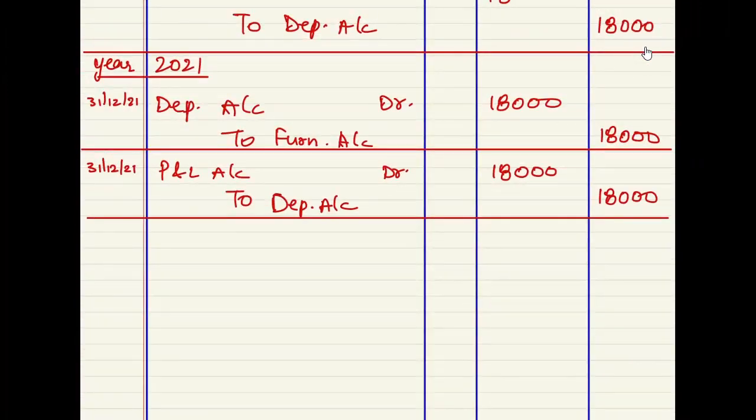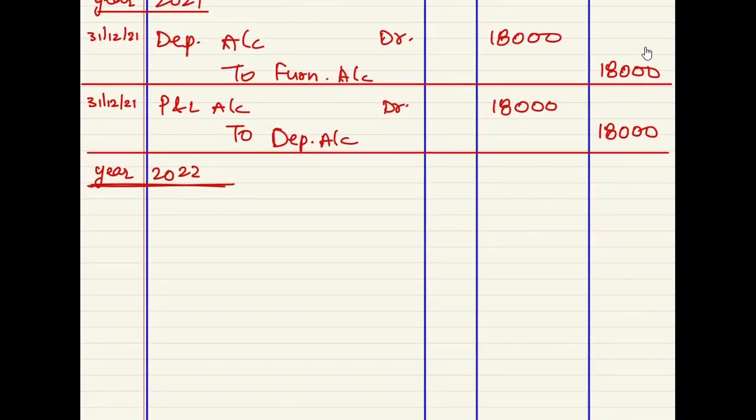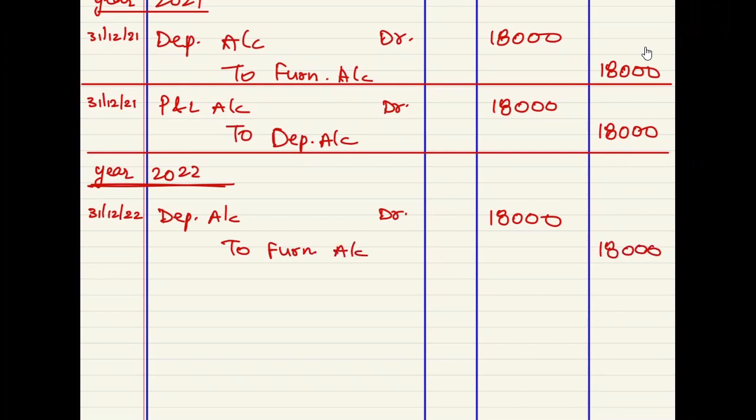Now we need to do the general entry for the year 2022. Again, on 31st of December 2022, depreciation account will be debited by 18,000 to furniture account rupees 18,000. Now, before closing the books, we will do one more entry.